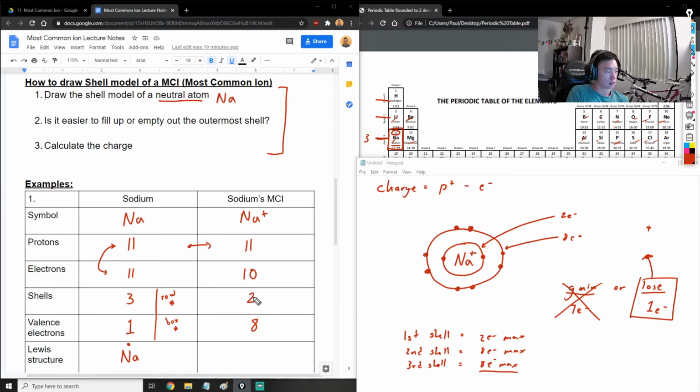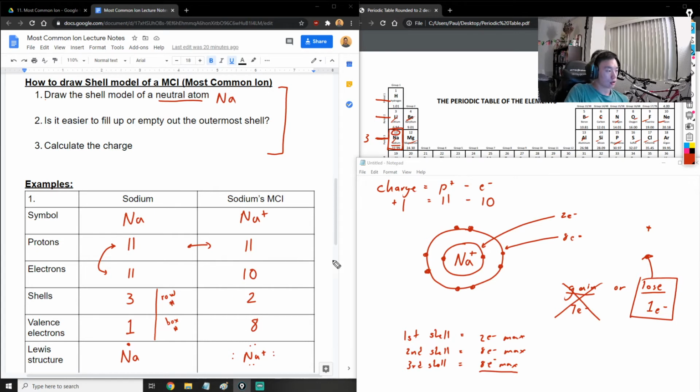Since there's 11 protons, it's 11 minus the 10 electrons. 11 minus 10 is positive 1. And the Lewis structure, we just draw Na plus, don't forget this symbol, and then there's 1, 2, 3, 4, 5, 6, 7, 8 electrons around it.